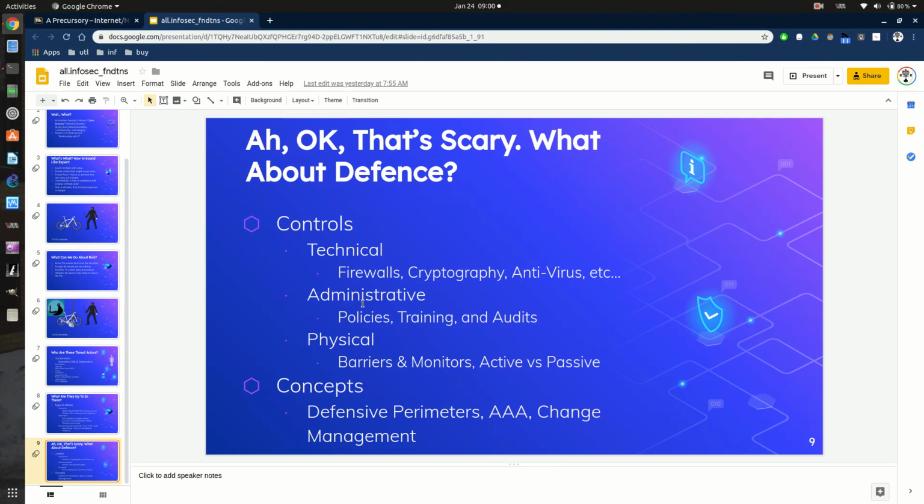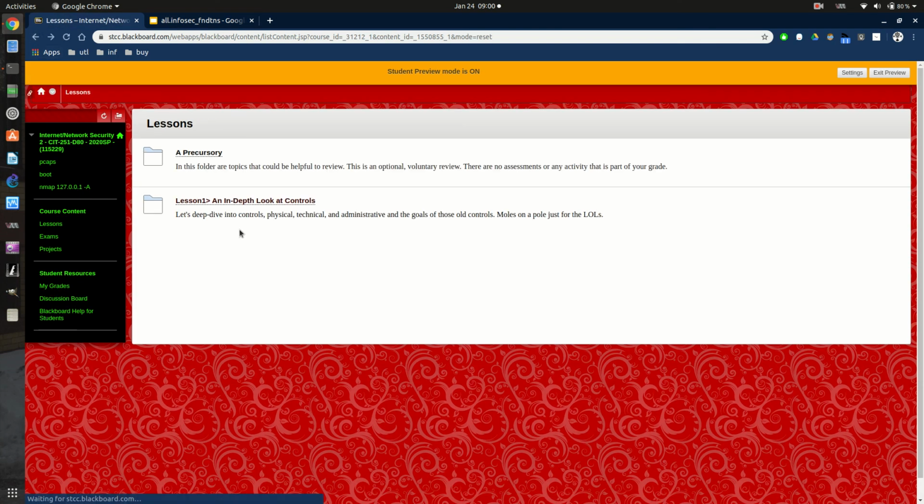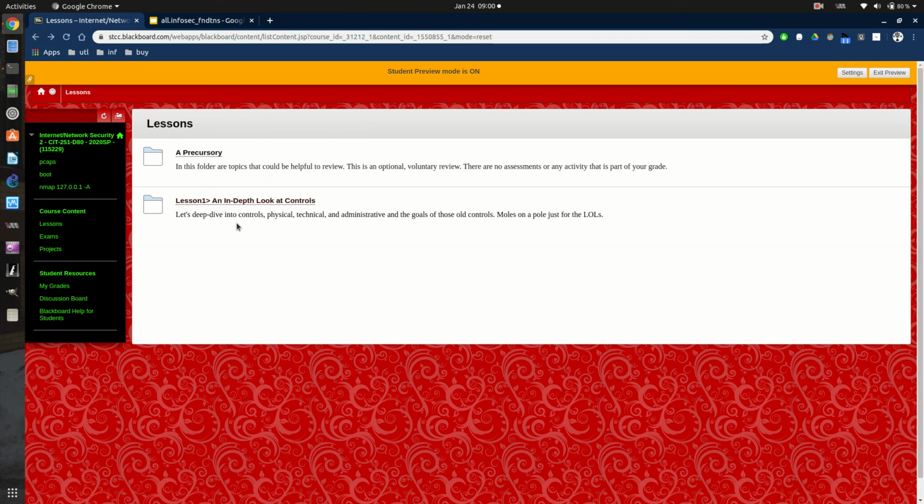That would cover the precursory kind of review of where we stand right now. In this course, we're going to start off by going deep into controls. So that's the first thing we're going to do, lesson 1, an in-depth look at controls. And then for lesson 2, we'll talk about secure network design and management.